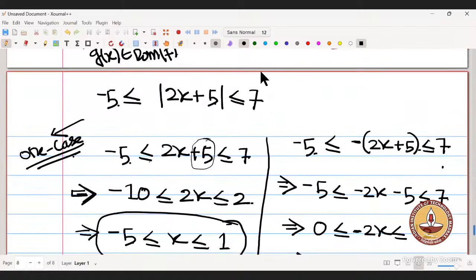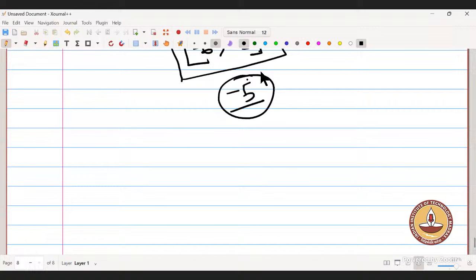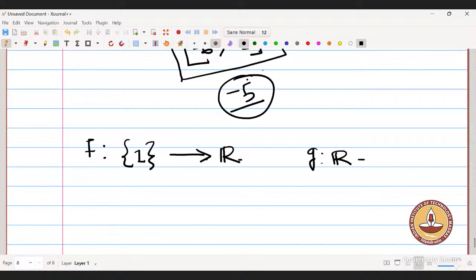So if I have a function from R to 1, and if I have a function from 1 to R, right?